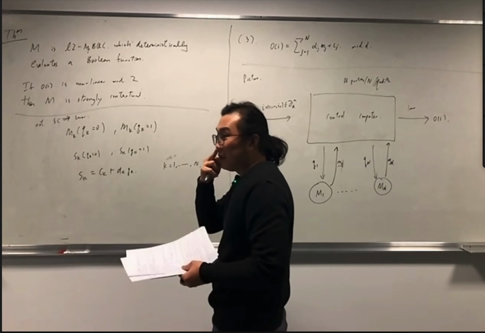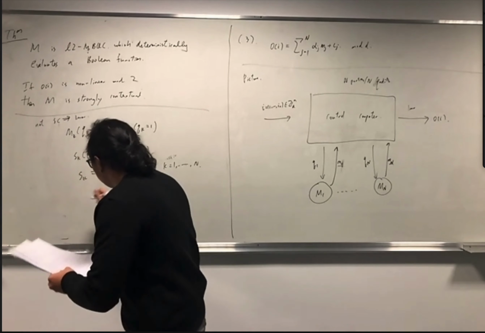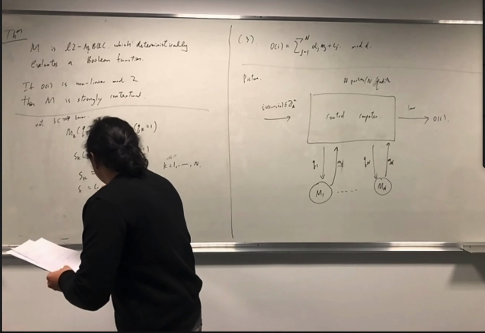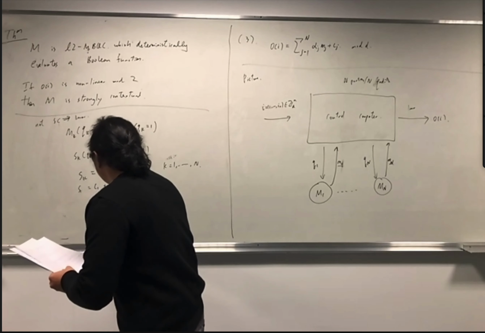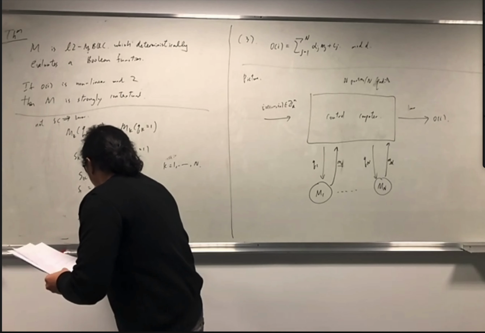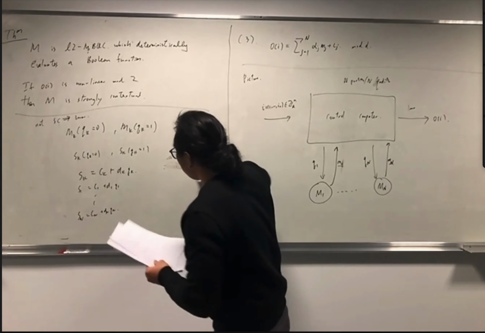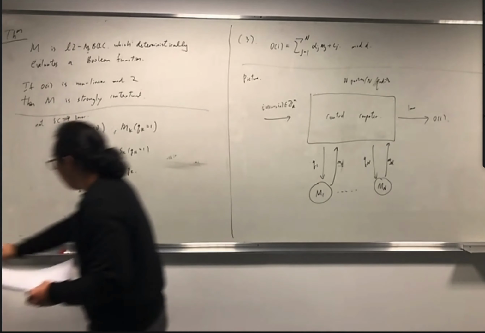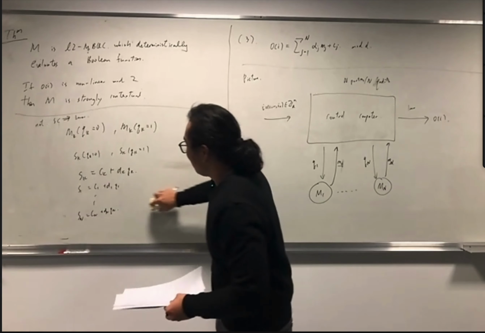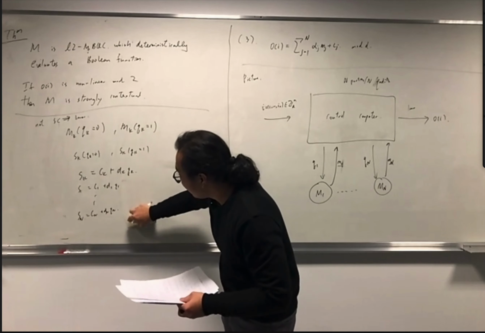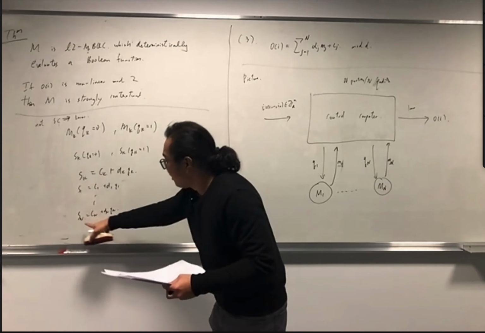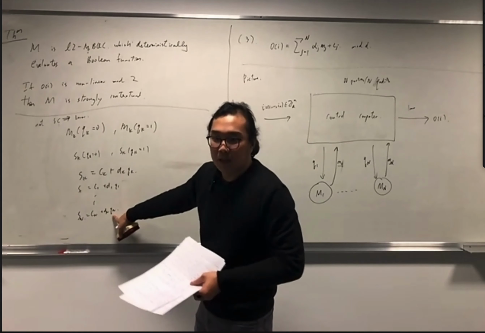Say, n parties. Then you can form S1 is C1 plus D1 Q1, up to Sn equals Cn plus Dn Qn. So we will have a bunch of equations which relate the outcomes and the measurement setting inputs.